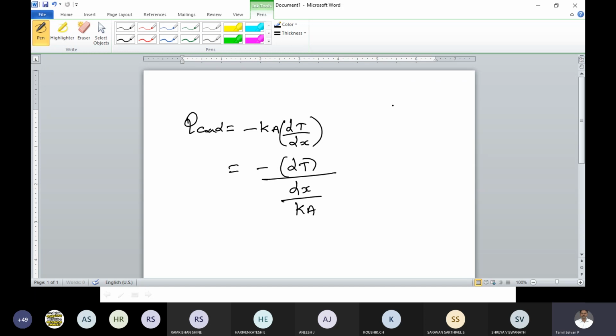And usually in the case of a small slab of thickness L, the area is nothing but the area which is normal to the flow. Am I correct, students? Yes, sir. So now it becomes minus delta T divided by L by KA.